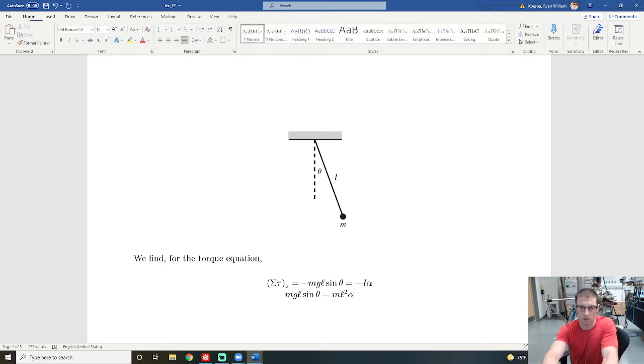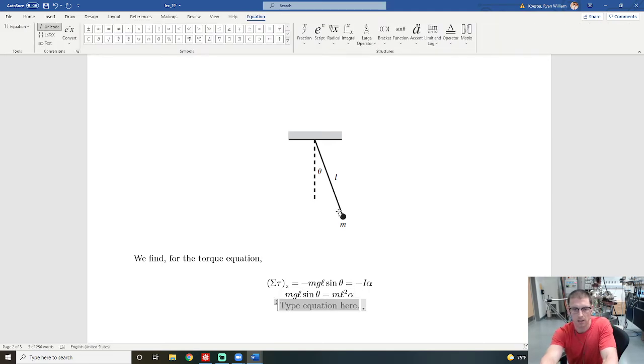And we could even clean this up a bit. We can say g sine theta equals L alpha, because we can cancel the masses and we can cancel a factor of L on both sides, right? So this is what we find.